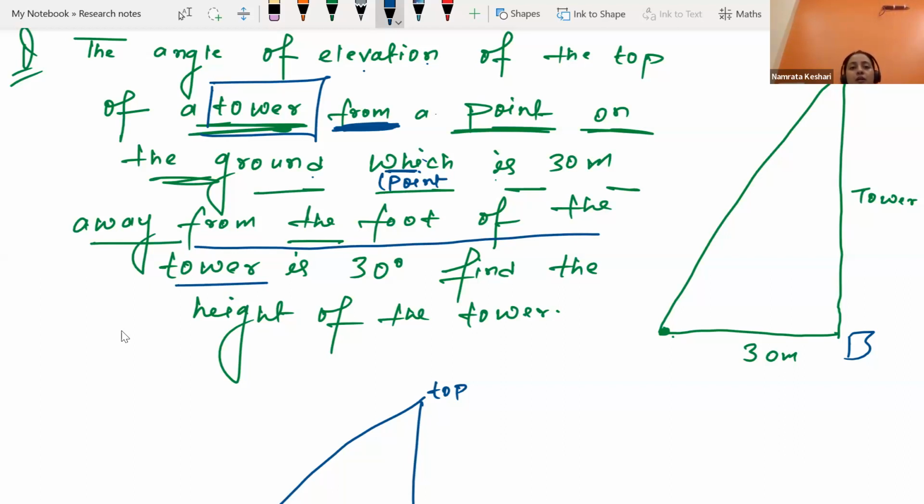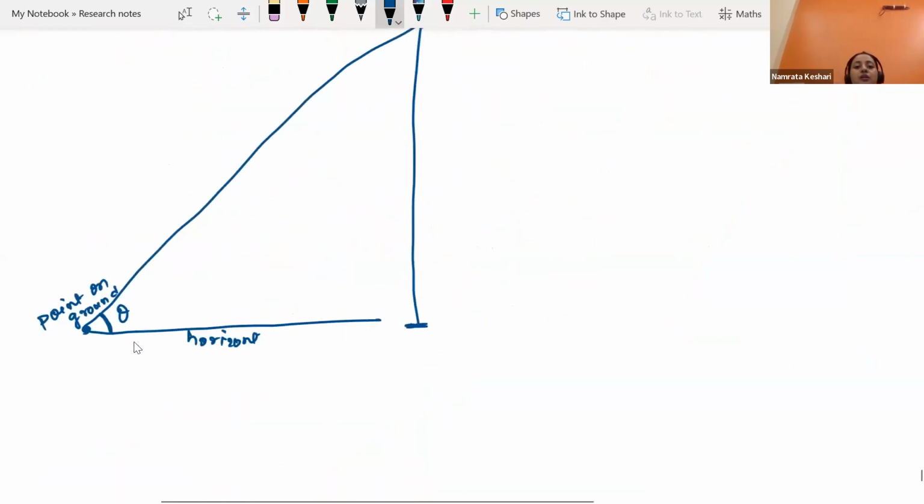There is a point on the ground which is 30 meter away from the foot of the tower.